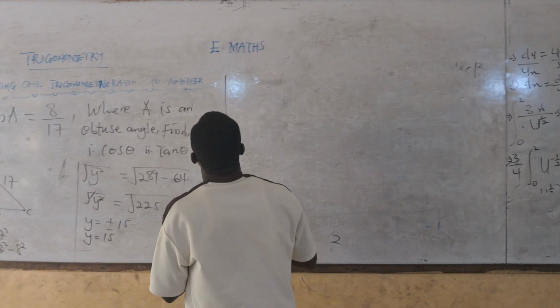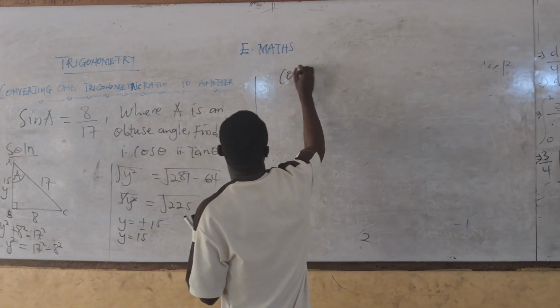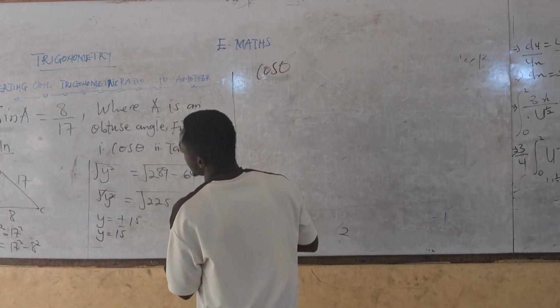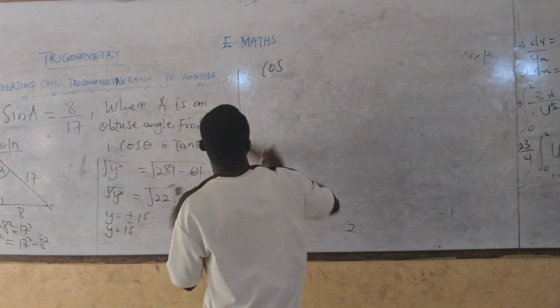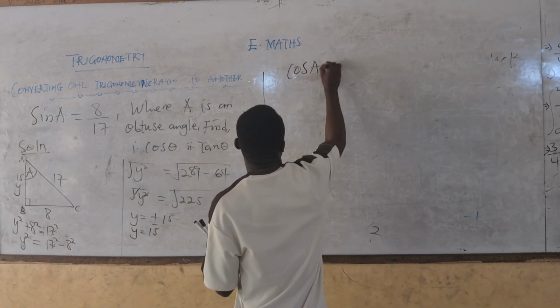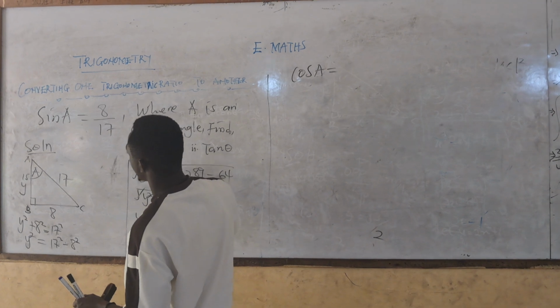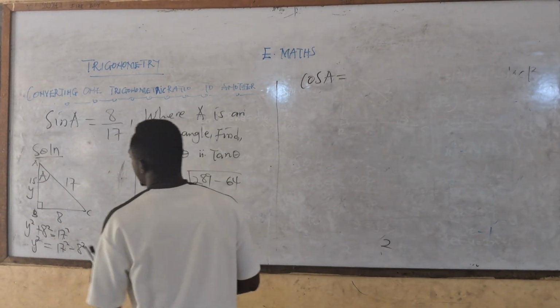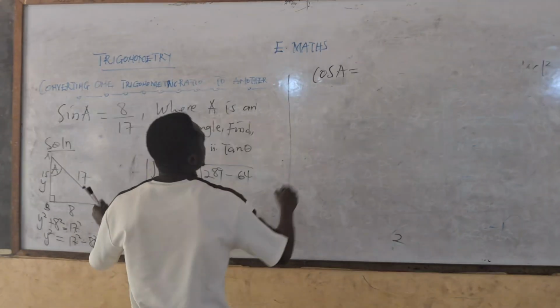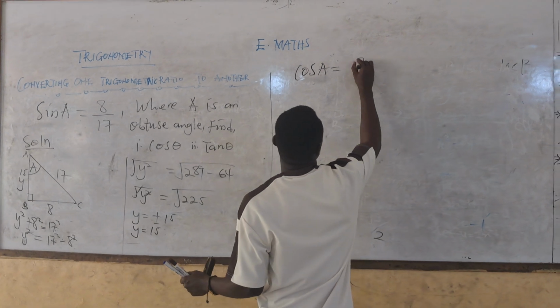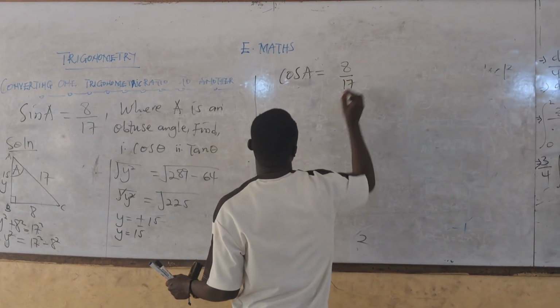So cos A, sorry, cos A, which is adjacent over hypotenuse, becomes 8 on 17.